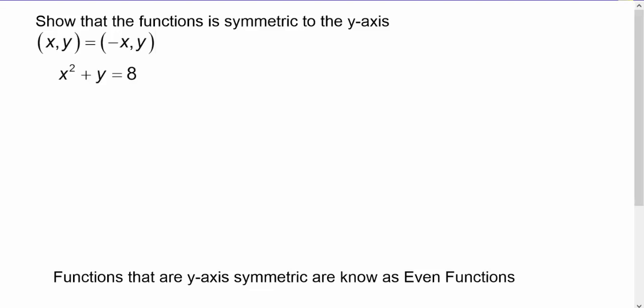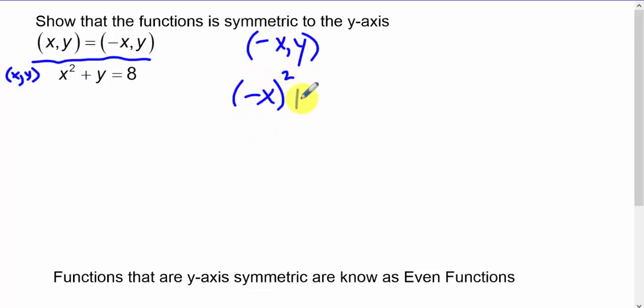So here's an equation. We want to show that this is symmetric to the y-axis, which means show that this is true. Well, this equation right here is the x, y equation. It has a positive x, positive y thrown in. So now if I want to throw the negative x, y case out, then I have to replace the x with a negative x.